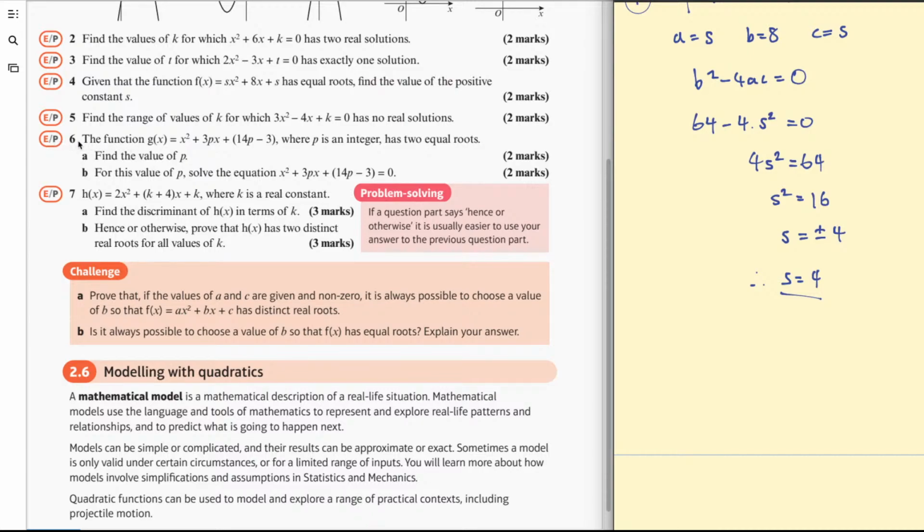So 6 says the function g of x equals x squared plus 3px plus 14p take 3, where p is an integer, has 2 equal roots. Find the value of p. For this value of p, solve the equation x squared plus 3px plus 14p take 3 equals 0.